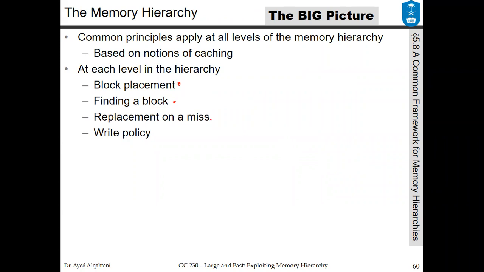Replacement on a miss, and that's the case when you don't find the data that you want in the cache, and the set or the cache is already filled. So what should you take out? Which one of the blocks should you take out to get your new block in?